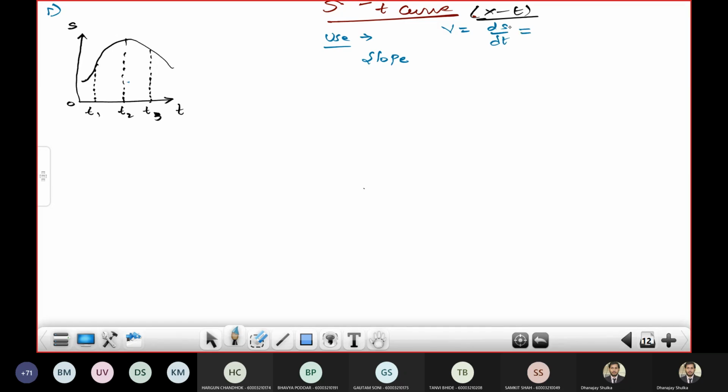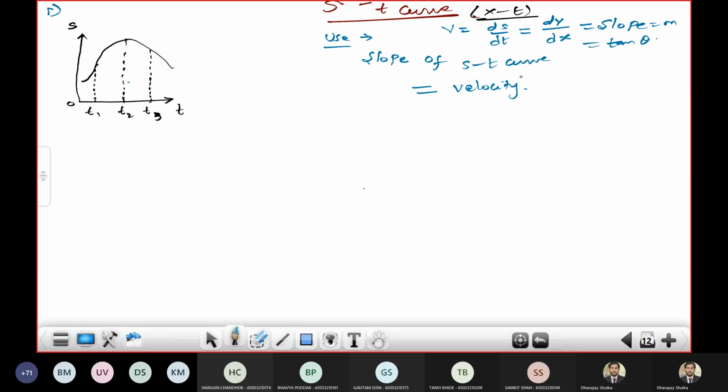Here s represents the y coordinate. That means it is nothing but in the form of dy by dx, because your x-axis is the time axis and the y-axis is the s-axis. So it is nothing but slope, that is tan of theta, correct? So the slope of this ST curve is nothing but velocity. Can I say that?